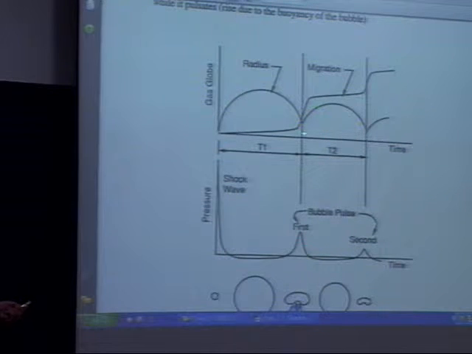Then after it starts, as the bubble really grows, it moves very slowly. The migration means the rising motion of the gas bubble. At the beginning slow, bang, then it suddenly moves fast, then slow, then fast.